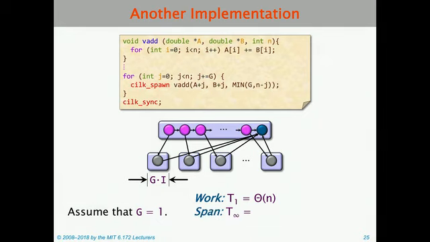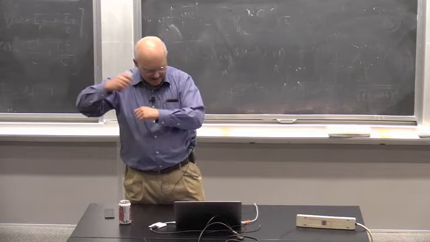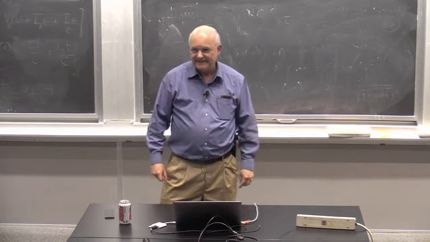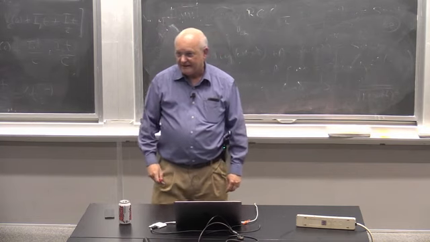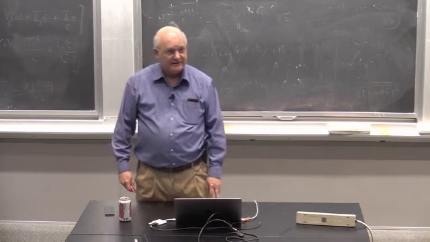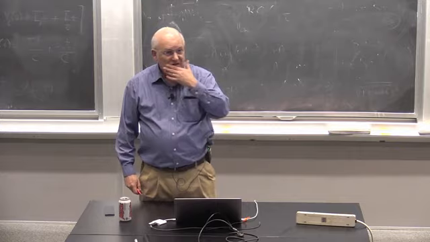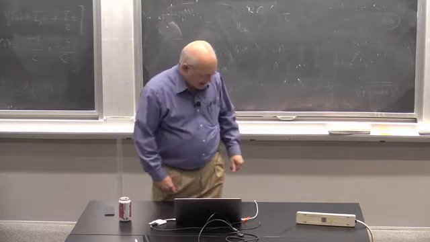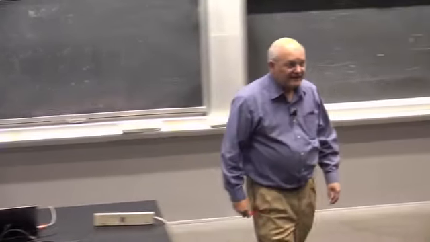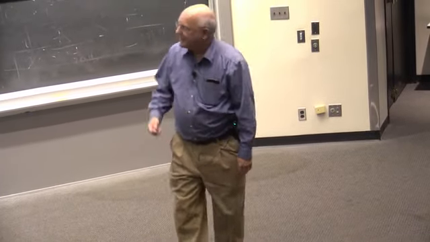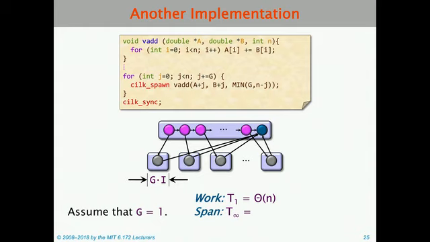What's the span for this? After all, I've got n spawns there now. N spawns, not n spans. What's the span going to be? Theta S? No, it's bigger than that. You'd think, gee, I just have to go down and up.